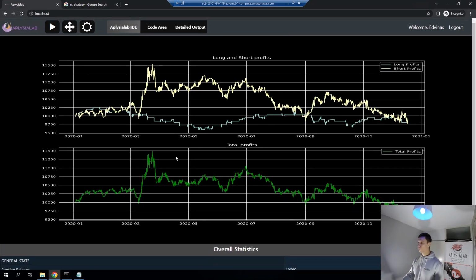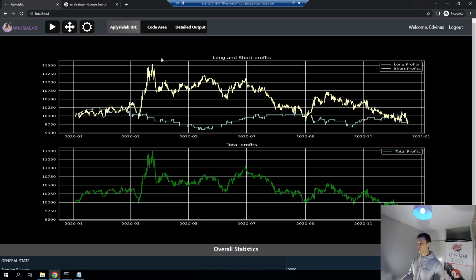So this is the performance, and again, the top chart here is the short profits and the long profits. We can see here we got quite lucky on the shorts for whatever reason on the third month of 2020, but overall it was still poor performance, pretty much achieving nothing.